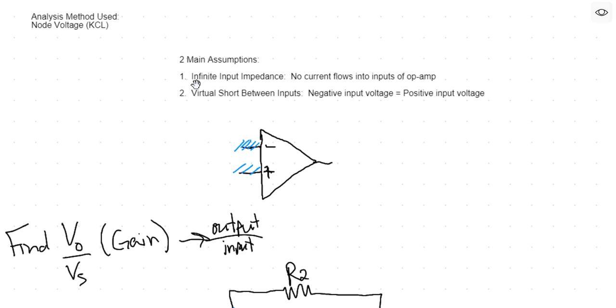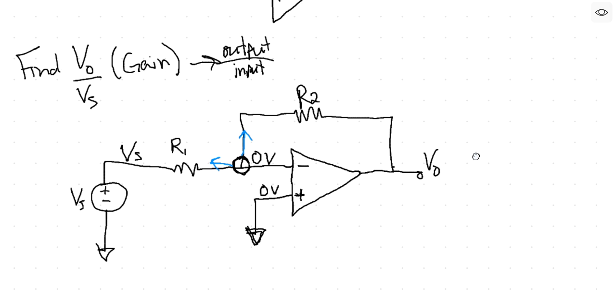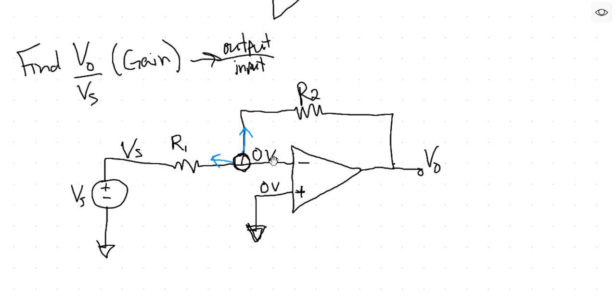I'm assuming that the op amp has infinite input impedance. In other words, no current flows into the inputs of the op amp. So right here, I know that there is no current at all. To remind myself of that, I am going to put hash marks right there so that I don't make any mistakes thinking that there's any current going in there.